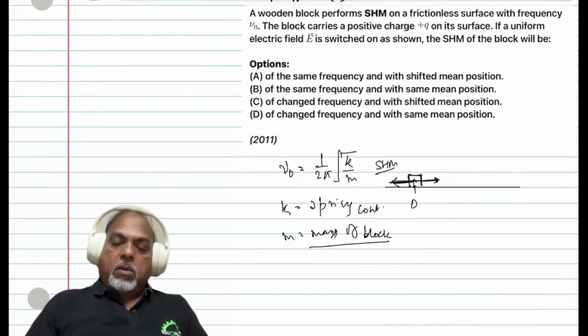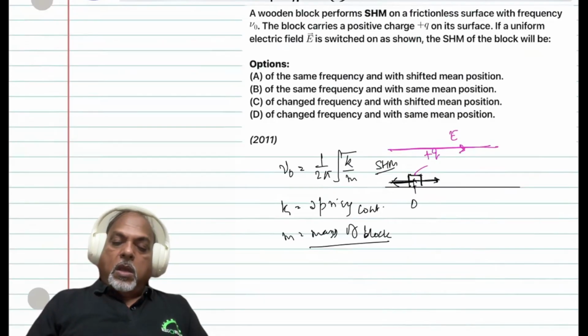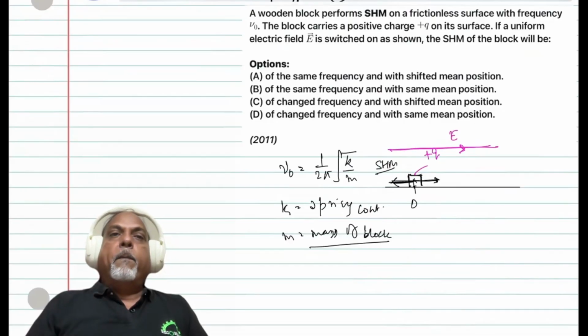Now, the block carries a positive charge. If a uniform electric field is switched on, the uniform electric field is given like this, then the SHM of the block will be like this. We have to find what is the correct answer.